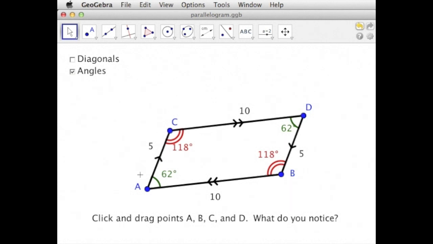You'll also notice that these two angles, 62 and 118, are supplementary. That's true because we've got two pairs of parallel lines cut by transversals, so consecutive angles are always supplementary. A and C are supplementary, C and D, D and B, A and B.